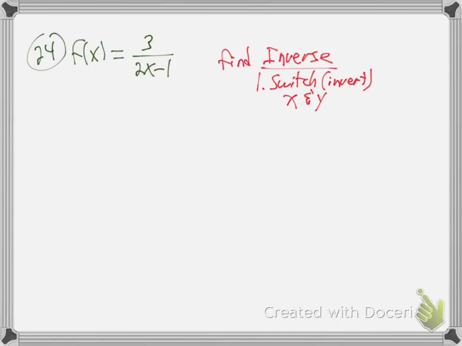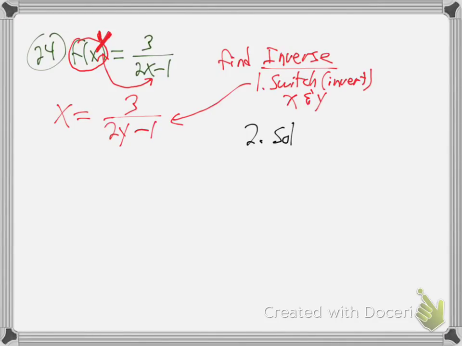So now where's y? Well, remember f of x is y. So I'm going to switch them. So I'm going to put x there and y there. So that'll become x out here and y over there. So there's step 1, switch x and y.